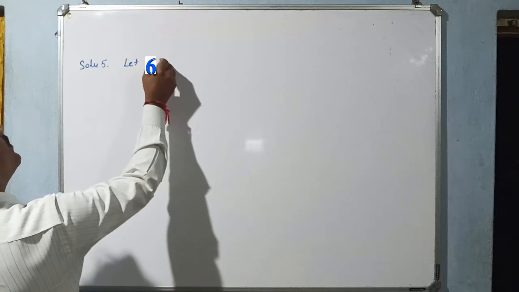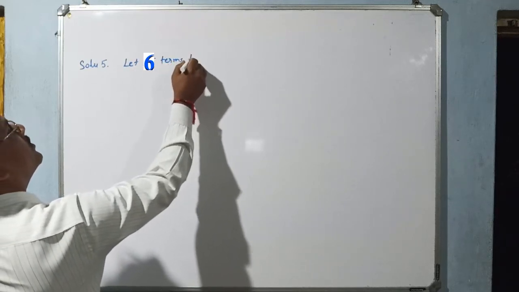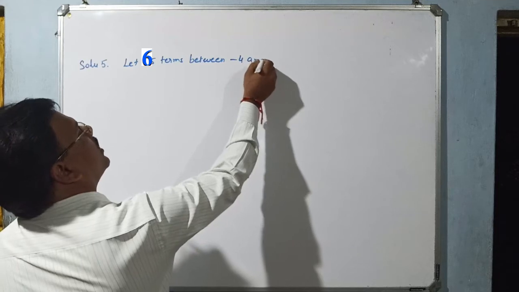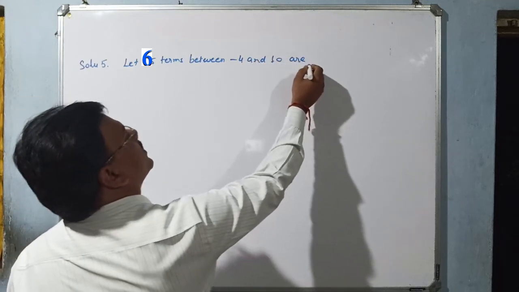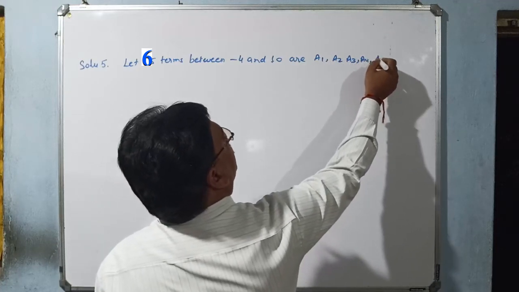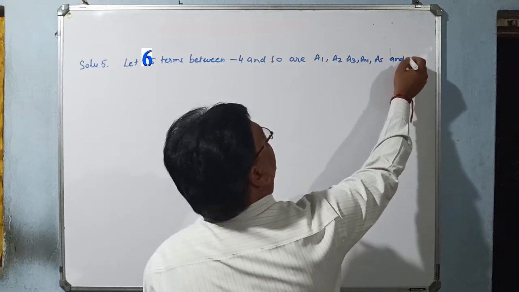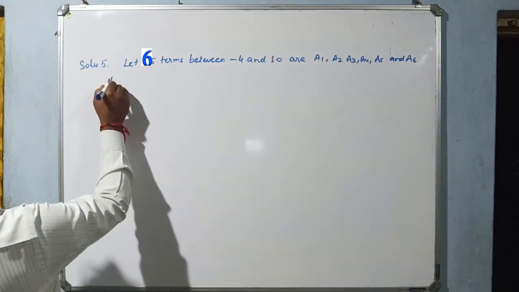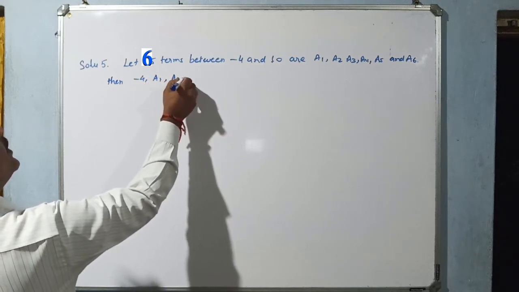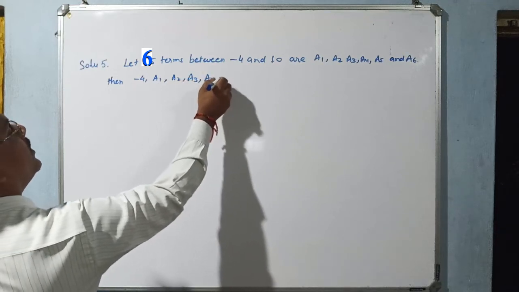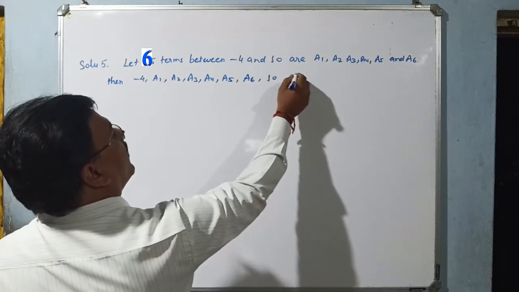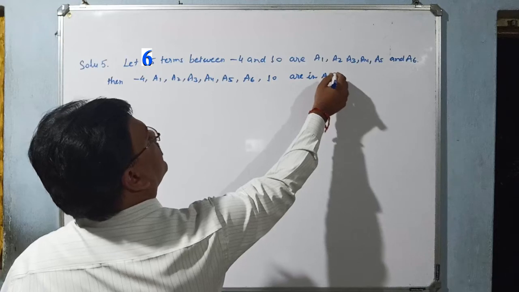Let the terms between minus 4 and 10 be a1, a2, a3, a4, a5 and a6. Then minus 4, a1, a2, a3, a4, a5, a6, 10 are in arithmetic progression.